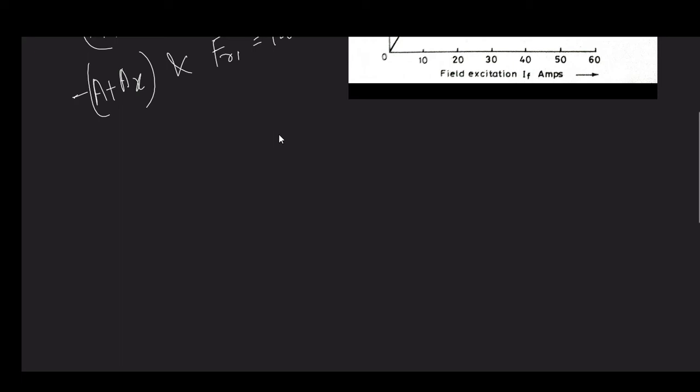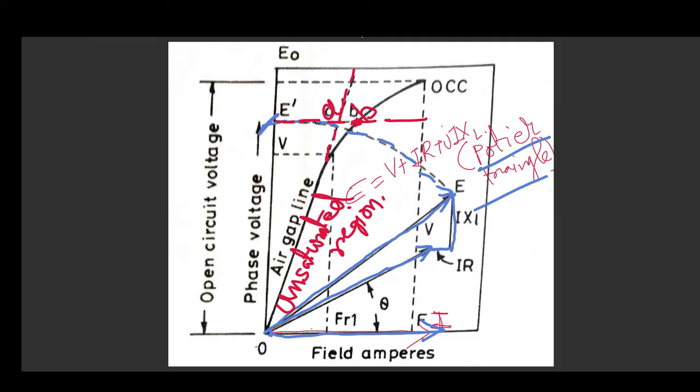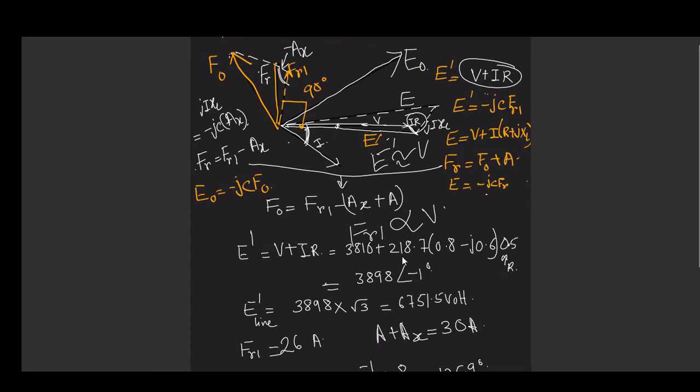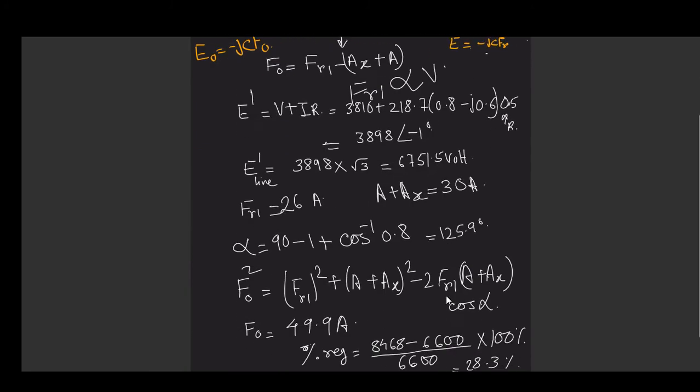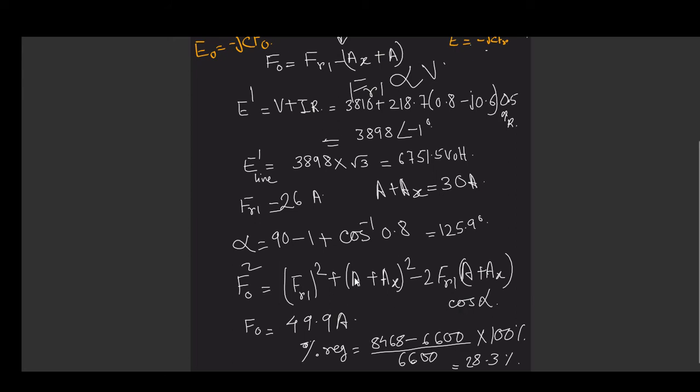In terms of the phasor diagram, we can draw, say, this is our FR1, this is our minus A plus AX, and this angle is what we found in the MMF method, that is 126.9 degree.